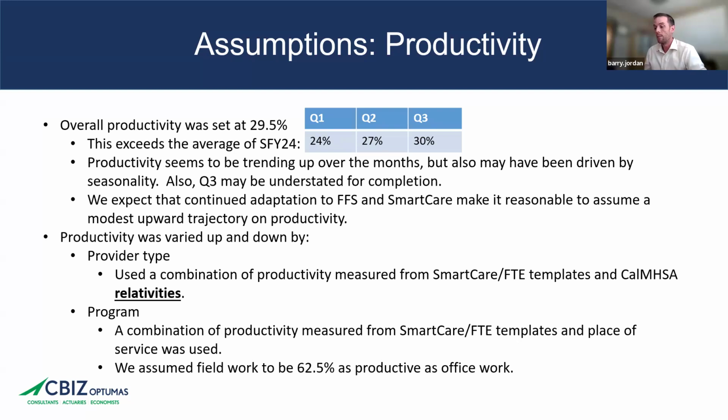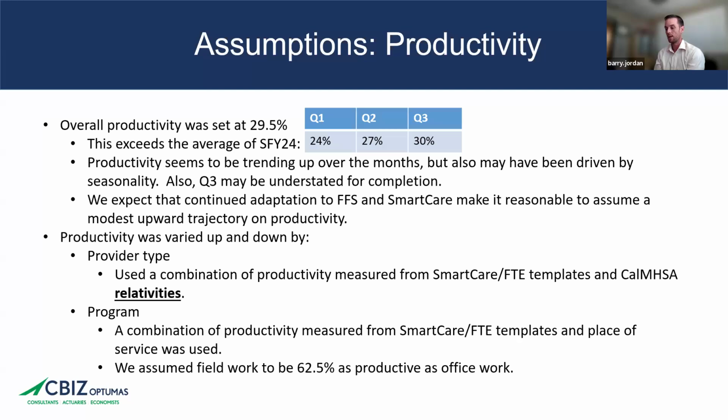Yeah, so this is a different mechanism to reflect the fact that the data shows the 29.5% is an overall reasonable level. But the 62.5% is just looking at relative expected differences between field work versus office work.